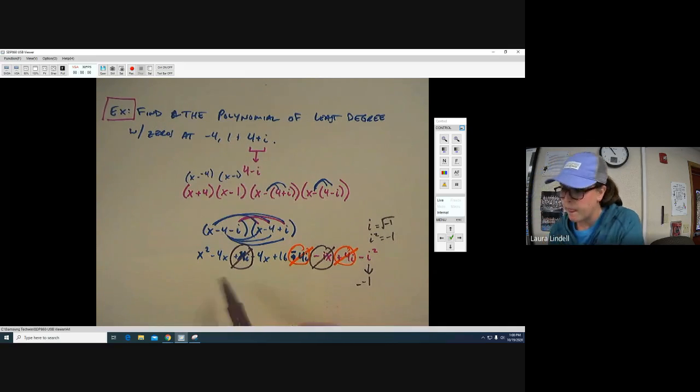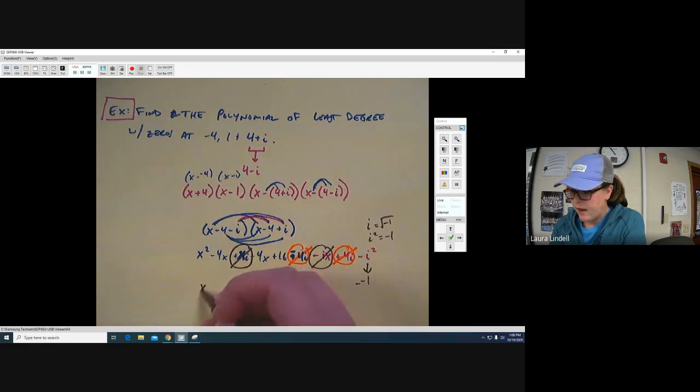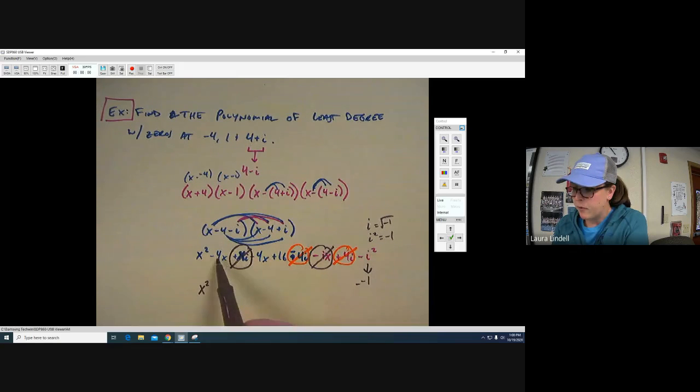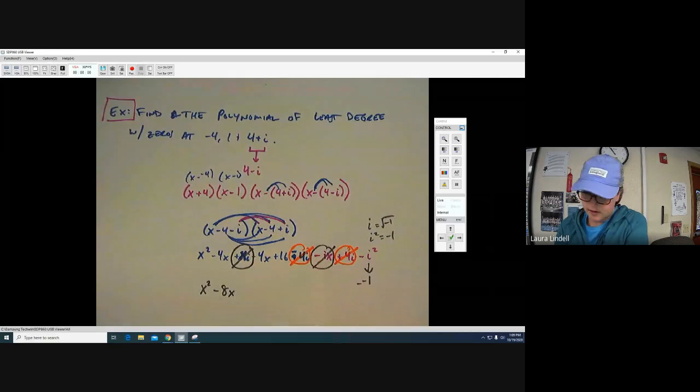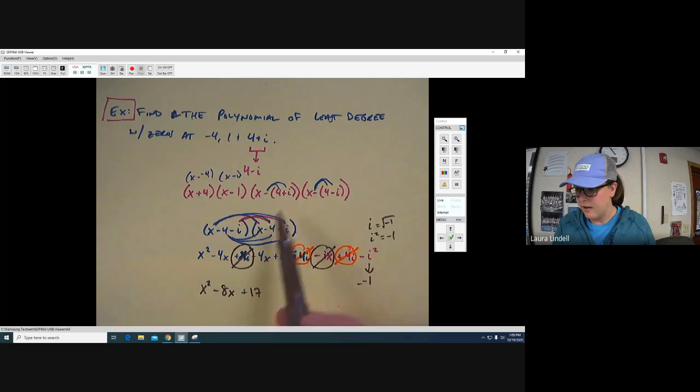A minus. Okay. We have x squared. Then we have minus 4x and minus 4x. That's minus 8x. And then we have 16 and minus negative 1. So that's plus 17. So that's what we get when we multiply these two complex parts together.